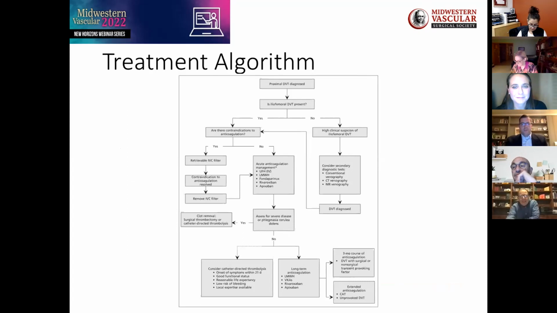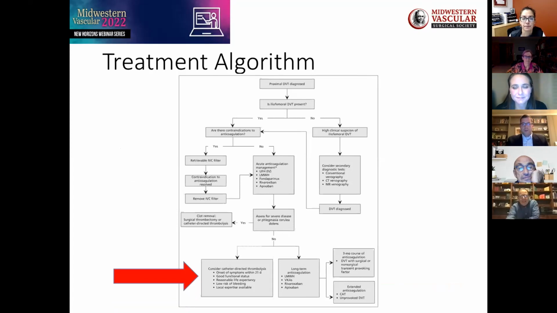And I think if you do a search for treatment algorithms of iliofemoral DVT management, you get a similar algorithm. Something that's interesting, and we touched on it with the last talk, is that when you get to intervention, a majority of these algorithms really only talk about catheter-directed thrombolysis and don't mention mechanical options.